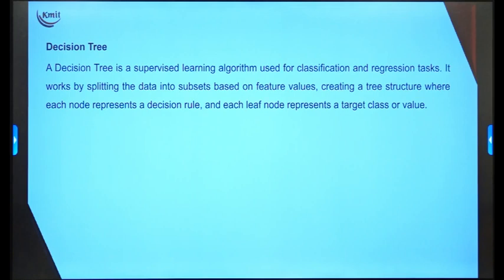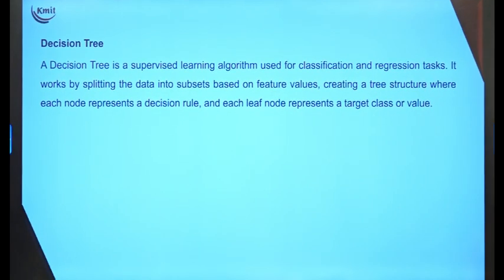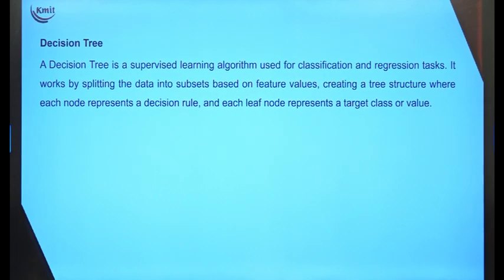Like other classification algorithms, this algorithm works by splitting the given data set into different subsets based on the feature values, with which we create a tree-like structure where we have nodes, sub nodes, and then leaf nodes. The root node is the main starting point, and based on this we will also have sub nodes, and we will have the leaf nodes, which are nothing but the exit or the target variables.